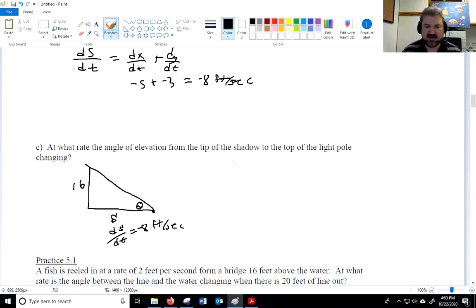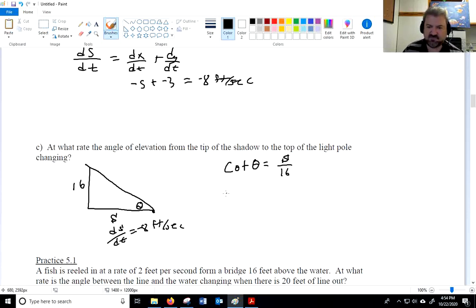So I'm going to say, well, I could say tangent of theta. Tangent is opposite over adjacent, but I'm going to say cotangent of theta is equal to adjacent over opposite. That way, I don't have to get a negative power, right? So the s will go away. It's kind of a trick to use the reciprocal sometimes. Because if I use tangent, then I'm going to have 16 over s, which means I get negative 16 over s squared when I take the derivative.